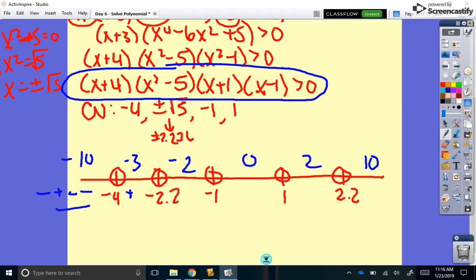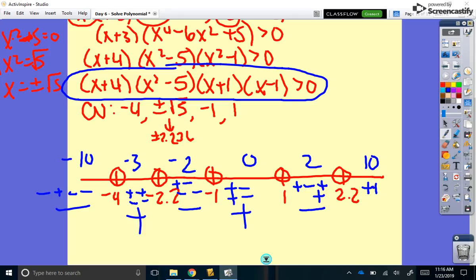Negative 3 will be positive, positive, negative, negative, which is positive. Negative 2 will be positive, negative, negative, negative, which is negative. 0 will be positive, negative, positive, negative. 2 will be positive, negative, positive, positive.